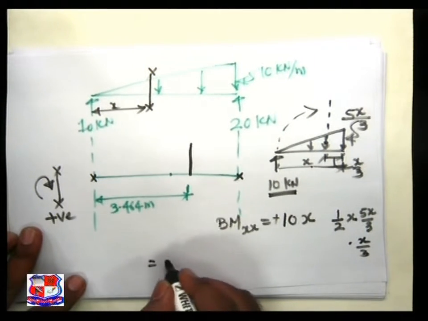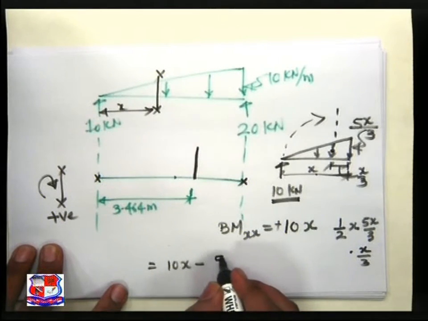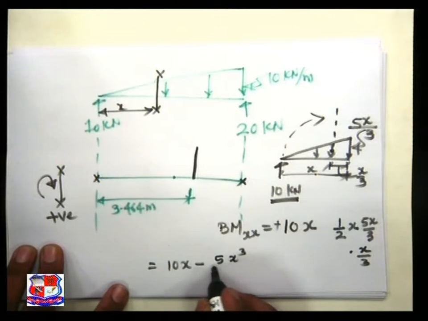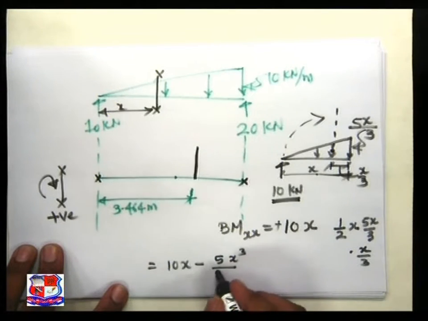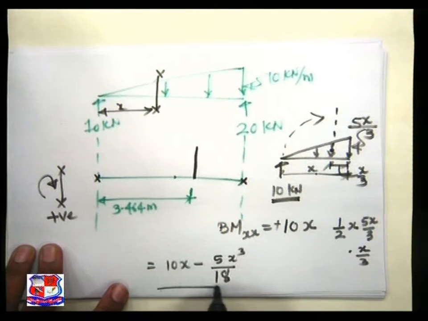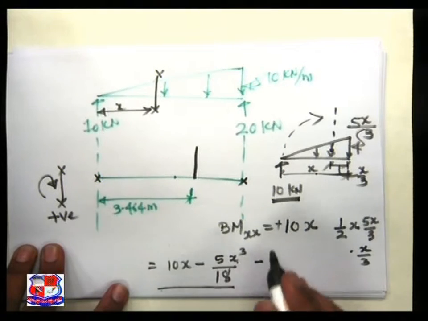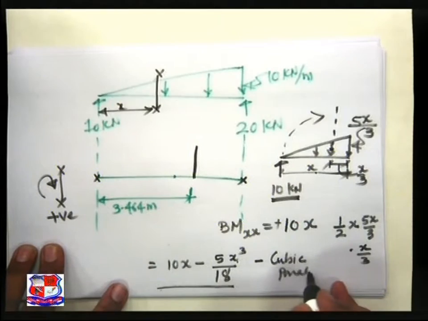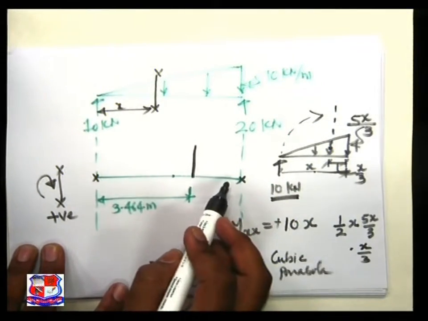So we achieve an equation: 10x minus 5x cube by 3 into 3, 9, 9 into 2, 18. So this equation you just visualize, this is an equation of x raised to cube. So we obtain a cubic parabola as a variation while we plot the bending moment diagram.